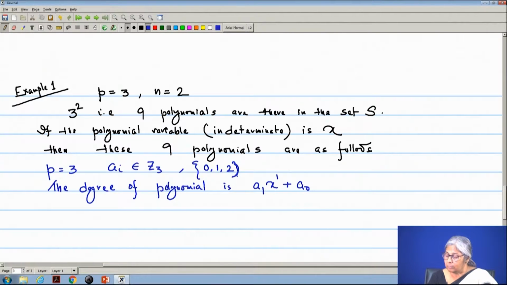And this a0, a1 can take values from 0, 1, 2.